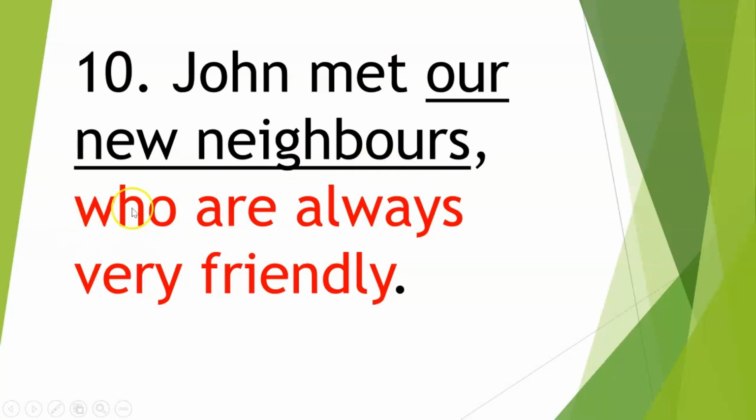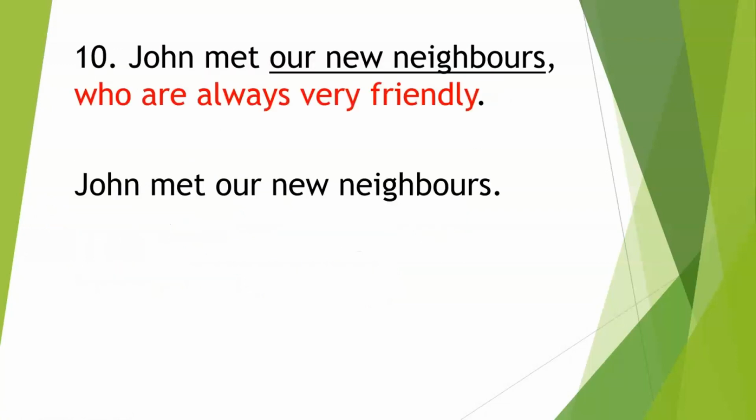And again, we're using who because the neighbors, of course, are people. And again, we can say, John met our new neighbors who are always very friendly, or we can simply say, John met our new neighbors.